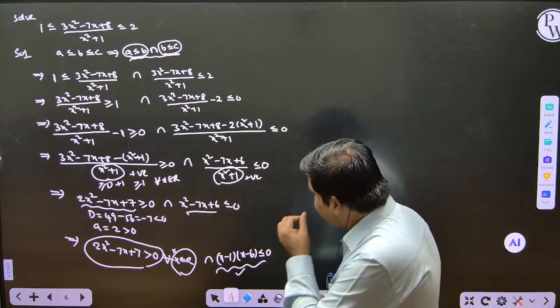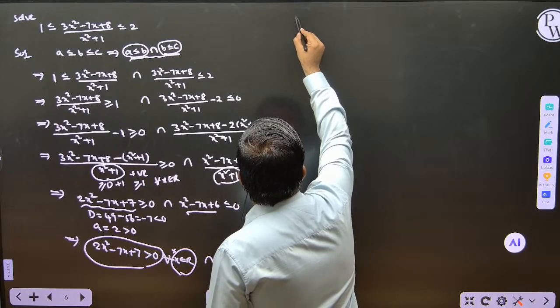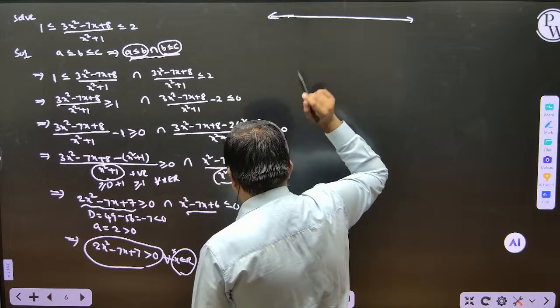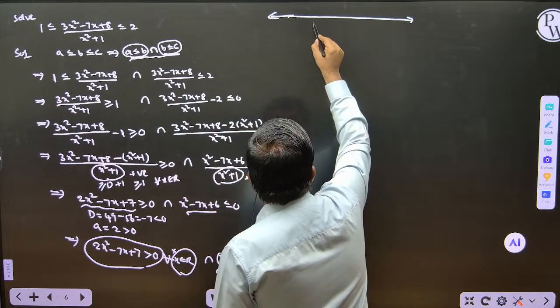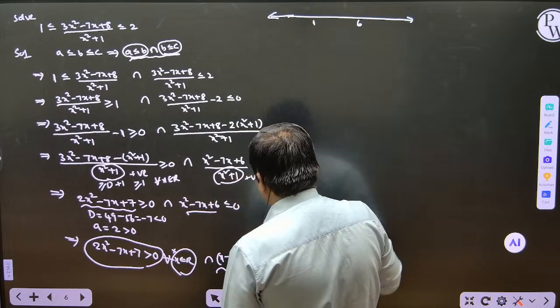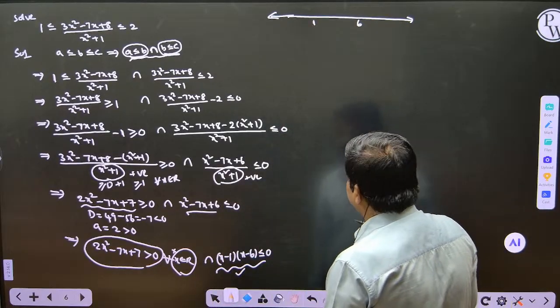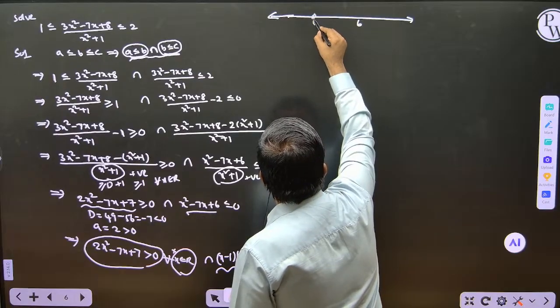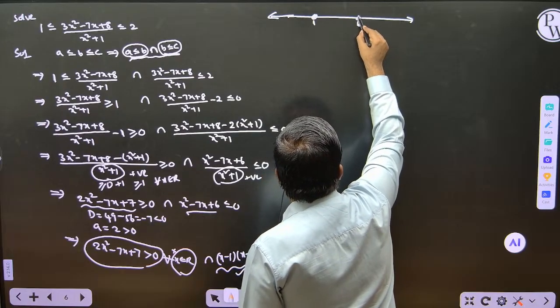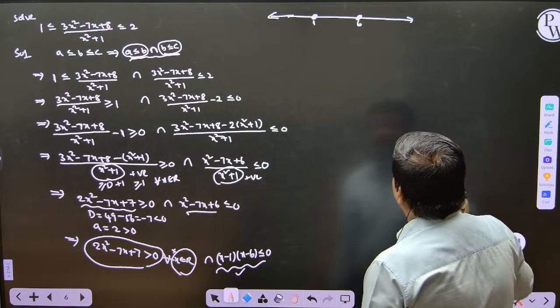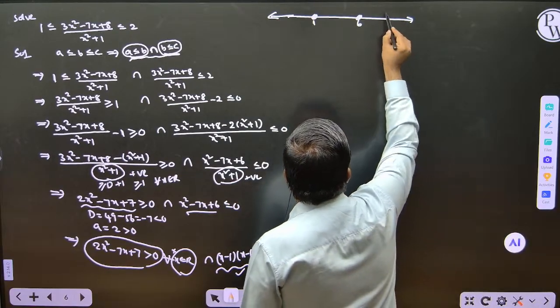So for that solution, draw a wavy curve. The points are 1 and 6. Here we have only zeros; there is no possibility of poles. So 1 and 6 are both included. Now start the wave from the right side of the largest value.